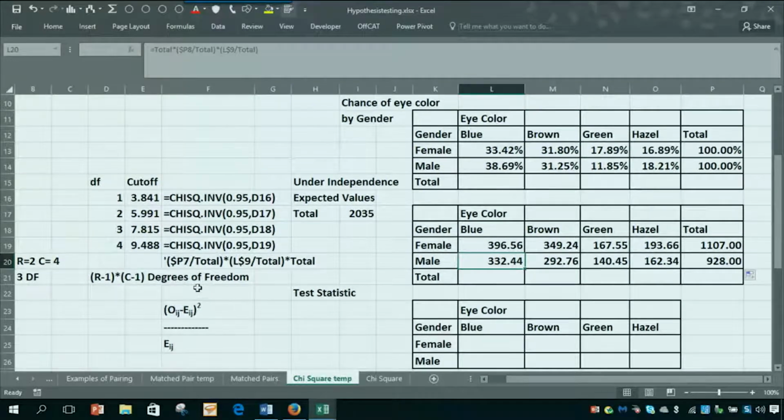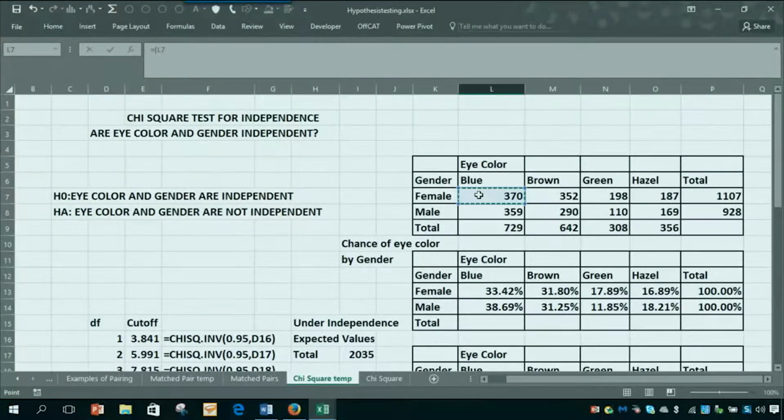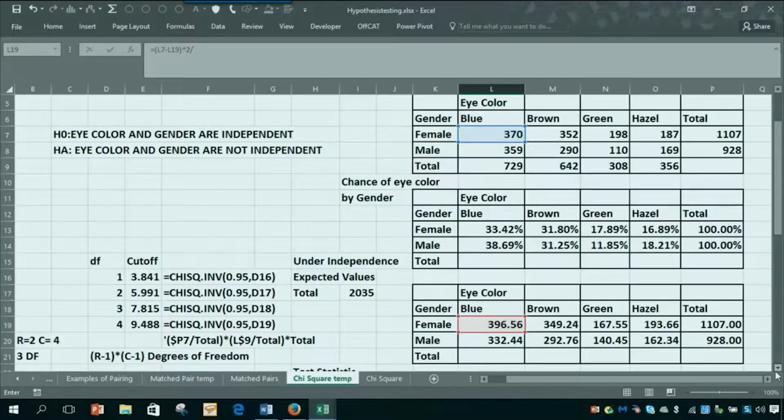Now, what is the test statistic in each cell? It's going to be the observed value, that's going to be up here, minus the expected value, which we just got, and we're going to square that, and then divide by the expected, to normalize that.